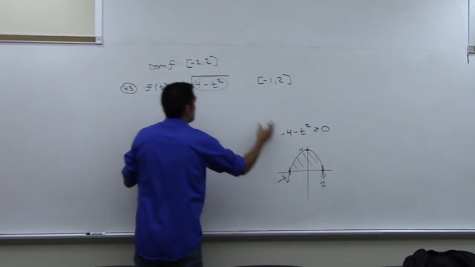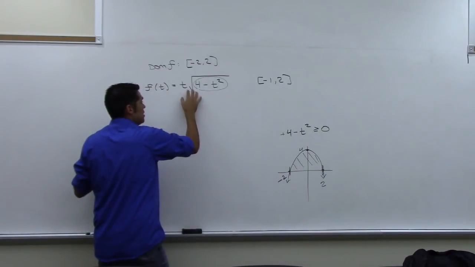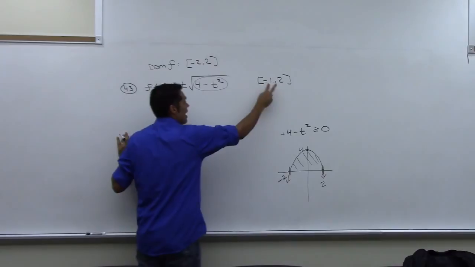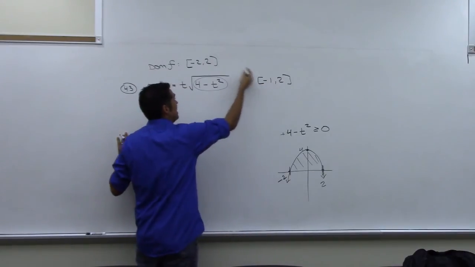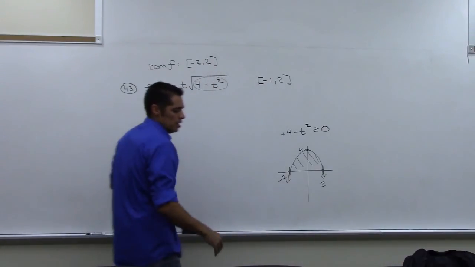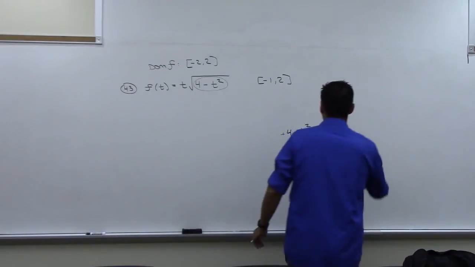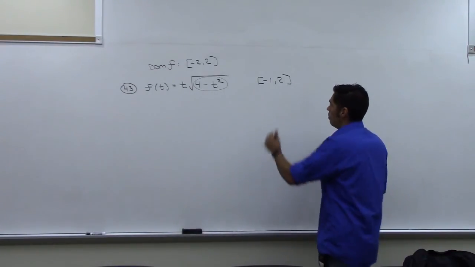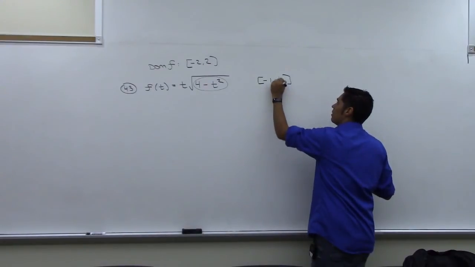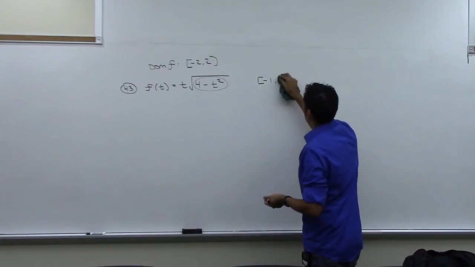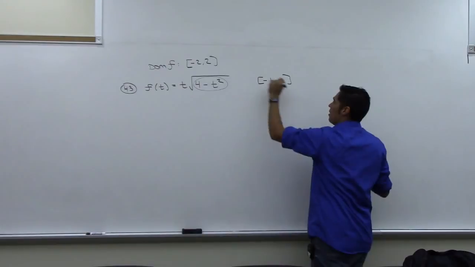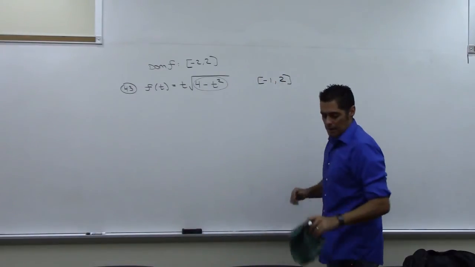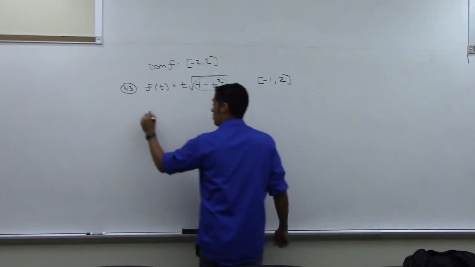So in other words, this function is continuous on that interval because that interval is actually inside of the domain of the function. So we are free to proceed with the method. Right? So if this said something like this, we couldn't do the problem because that 4 would be outside that. All right, so let's do the derivative.